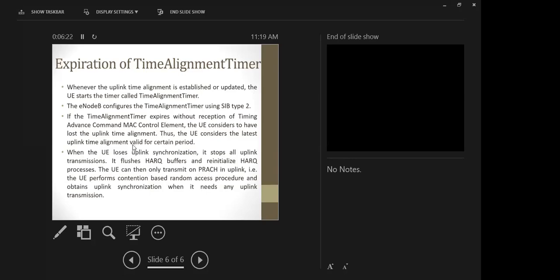If this timer expires without any update from the eNodeB, then the UE considers that I don't have a proper connection with the eNodeB. The eNodeB is probably not hearing me properly. So it hasn't updated, and so I shouldn't transmit any longer until the time alignment is re-established.